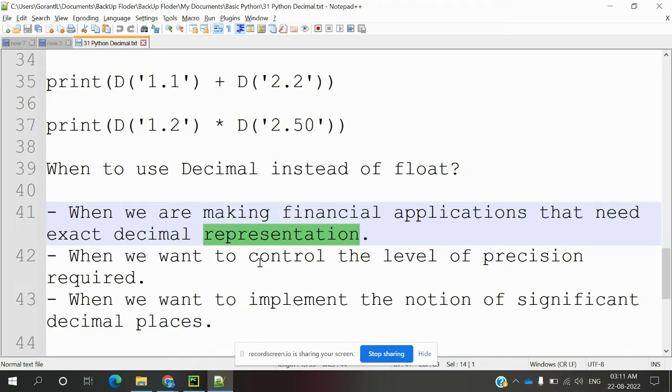When we want to control the level of precision required, then only we can use it. When we want to implement the notion of significant decimal places, then we can use decimal instead of float. This is all about the decimal section.